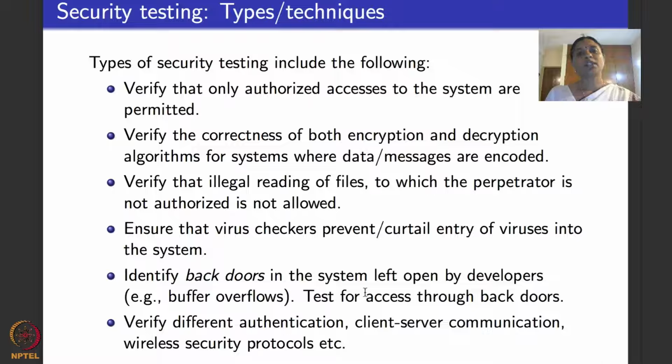It ensures that antivirus software not only prevents but also curtails entry of viruses into the system. Security testing tools and techniques also identify what are called backdoors in the system. Backdoors refer to classical coding mistakes that developers could make, which provide illegal access to an unauthorized user or a hacker.